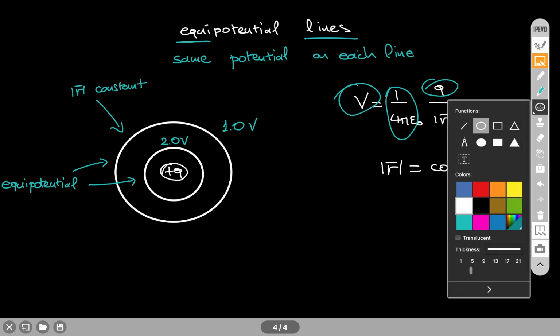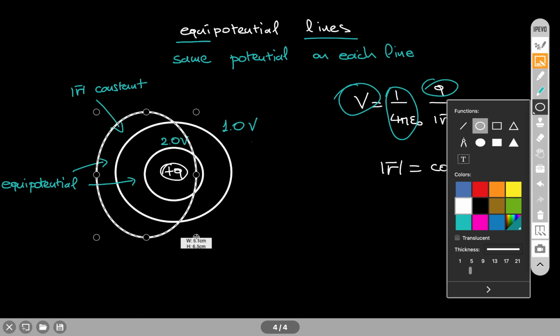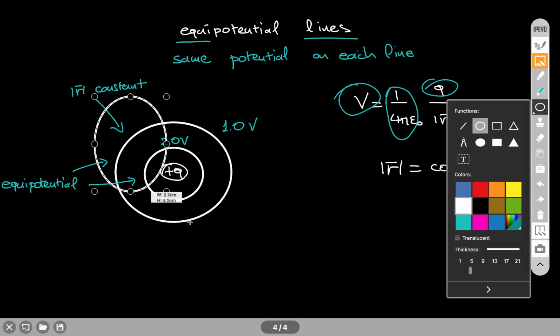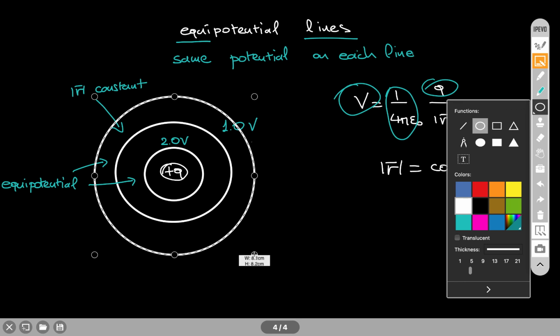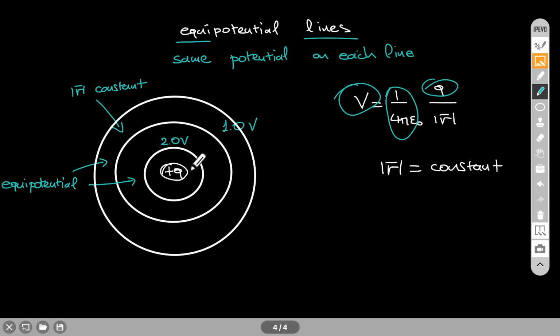The important thing, and what I want you to see from here, is the pattern. For a single point charge, the equipotential lines are simply circles, and let's say that that one is 0.5, more or less.